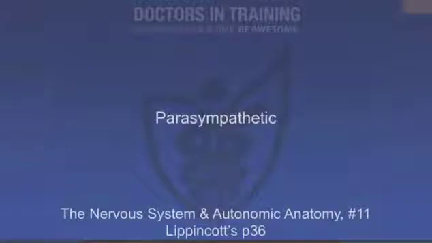You'll notice I was fairly specific about which organs are innervated by the parasympathetic system. And this is to point out that the parasympathetic system is much more selective than the sympathetic system. When you get a sympathetic discharge, the preganglionic axons are all crossing over and switching around in that sympathetic chain of ganglia.